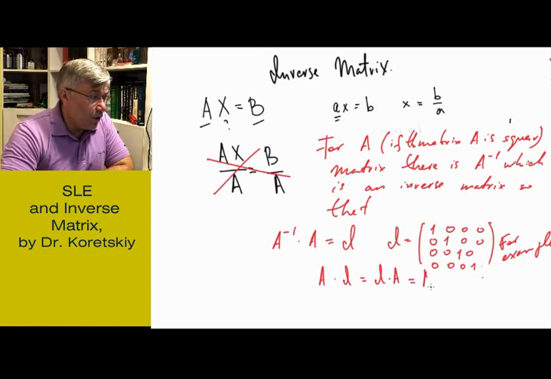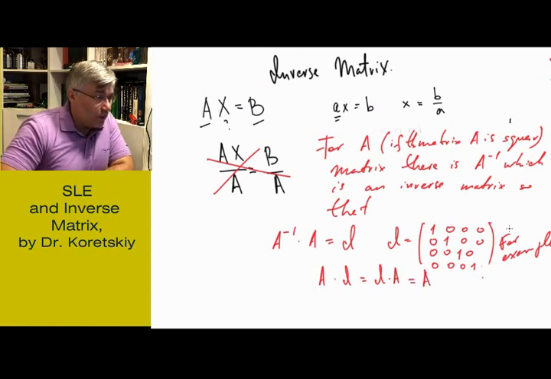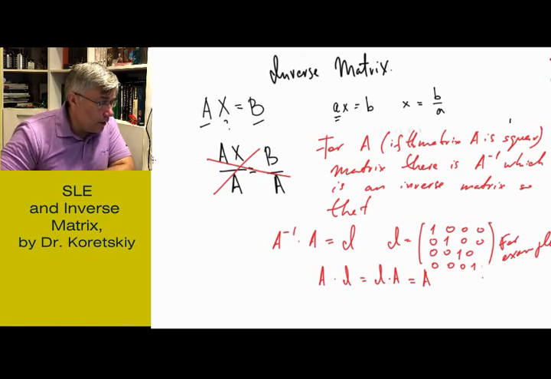So the main idea here: I want to get back to the black ink. If you multiply both sides of the system of equations by the inverse matrix A, it is possible in mathematics.